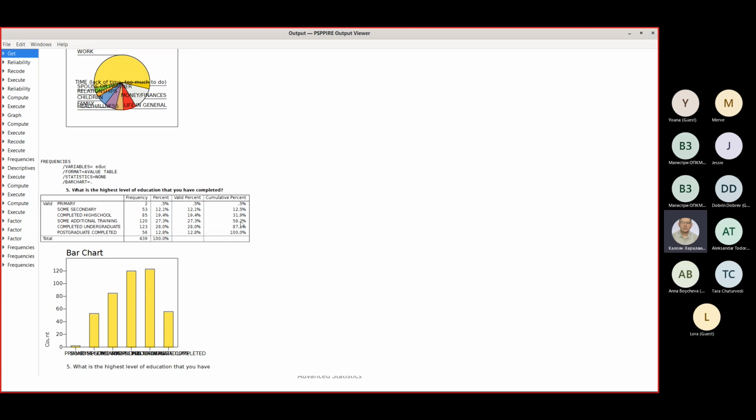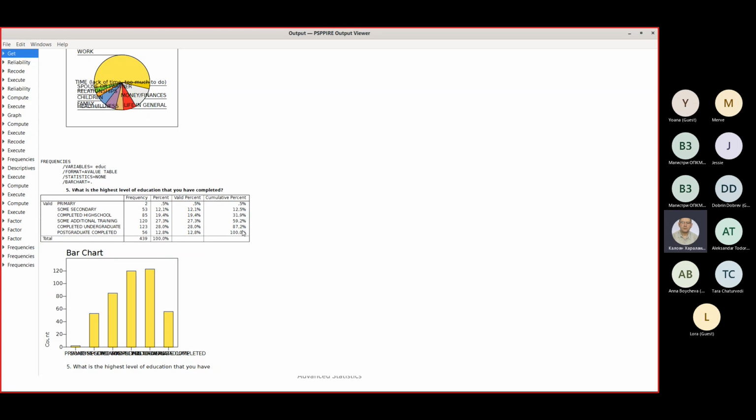Cumulative percent shows the percentage of persons who have values of this ordinal variable which are equal to or less than the value in the corresponding row.